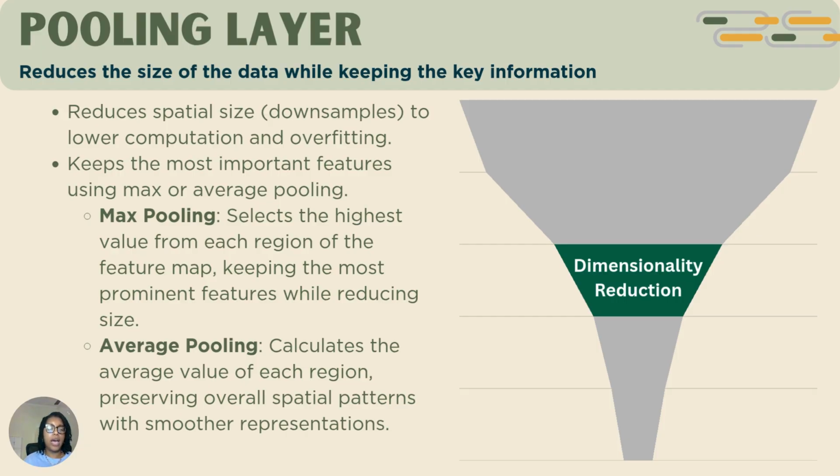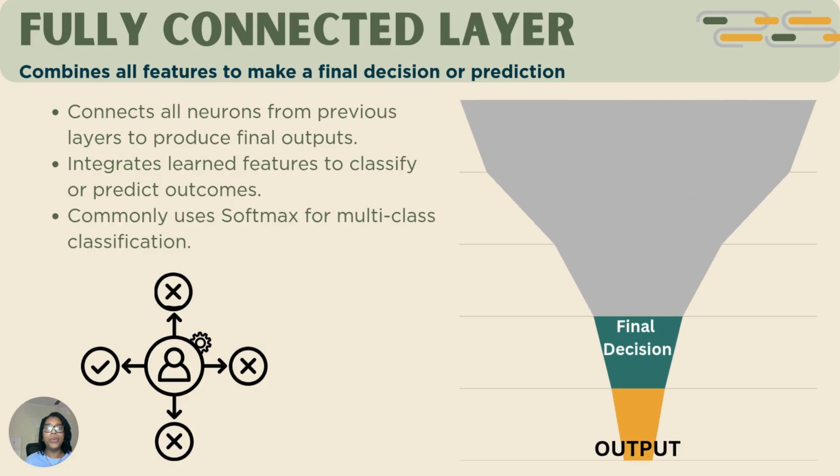There are two different options we can use based on the clarity we want to generate within the model. From pooling, we then go on to the fully connected layer. At the fully connected layer, all of the features are combined together, and it creates the output or the prediction based on the network model.